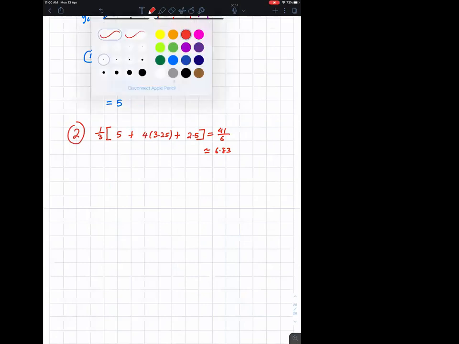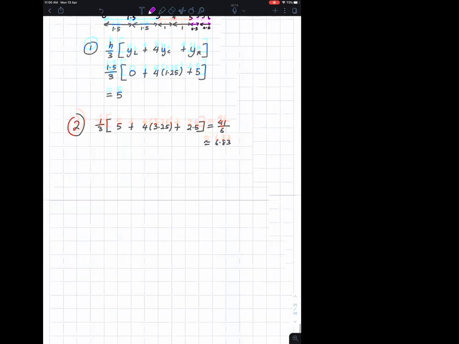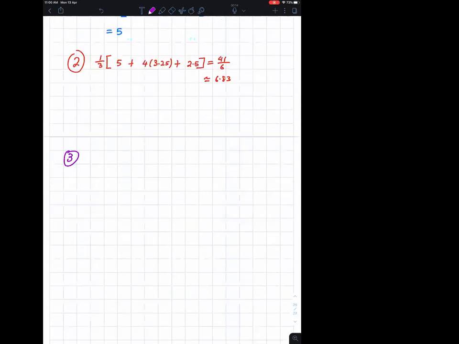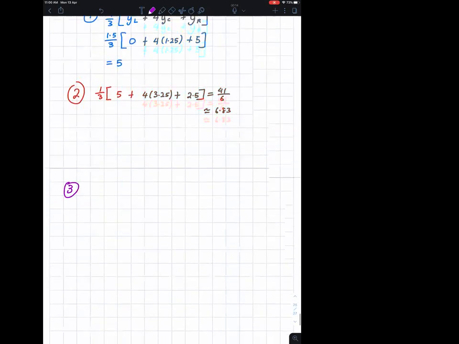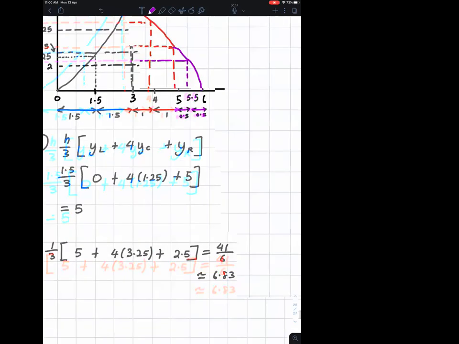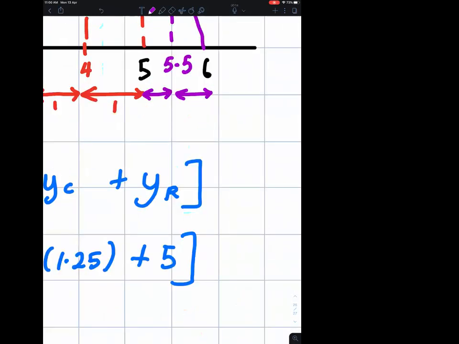Then we repeat the same thing for the third part. The third segment, if you note carefully, the height h is 0.5.